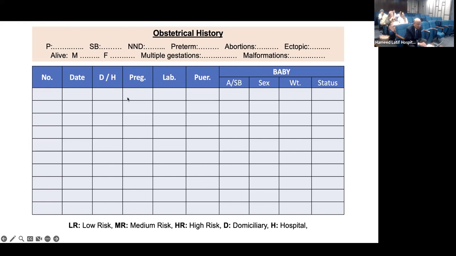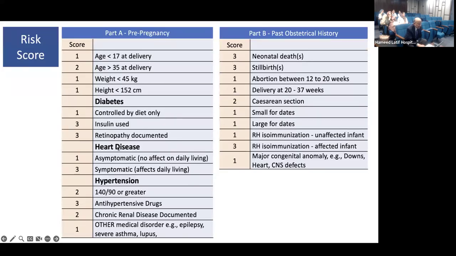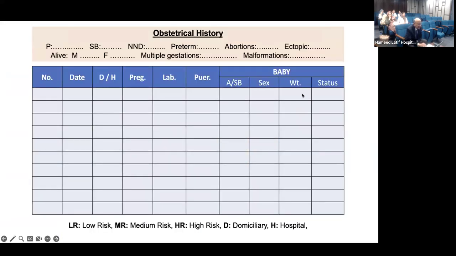Pregnancy duration: you would say full-term pregnancy, 33 weeks, or premature labor, spontaneous, induced, normal, or any complication in that. How was the puerperium? And the baby alive, stillborn, gender of the baby, and weight of the baby if known, and what is the present status, alive and well and healthy, etc.